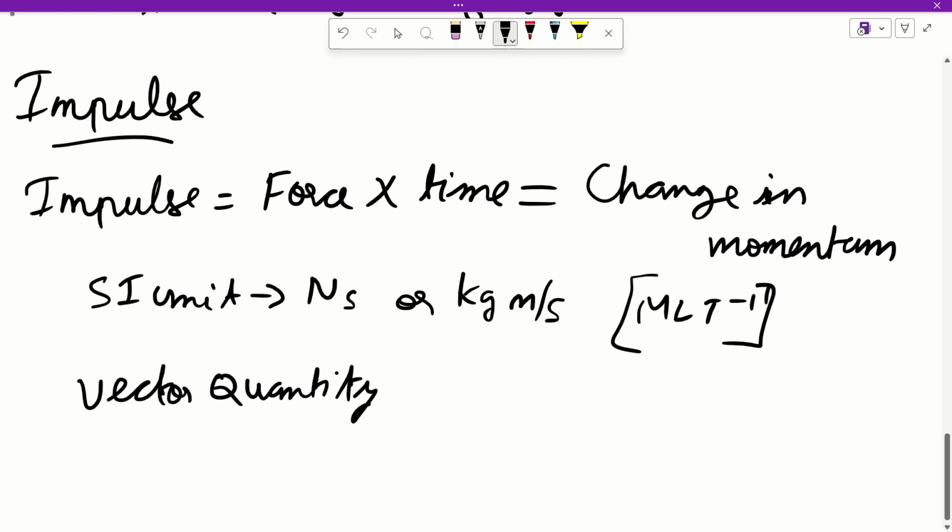Vector quantity, and its direction is in the direction of force. Okay, you can note an important point.